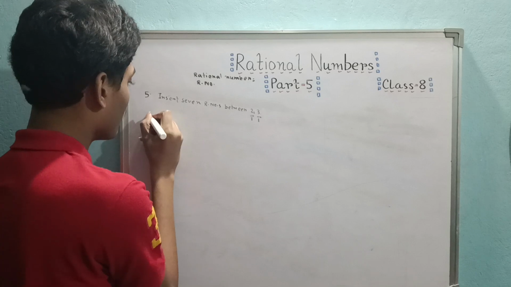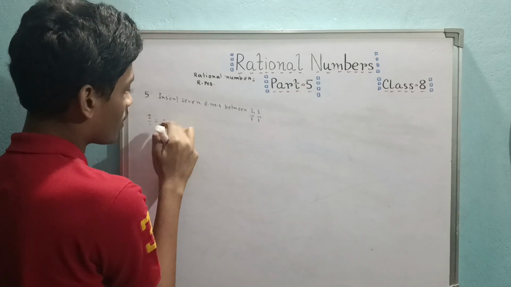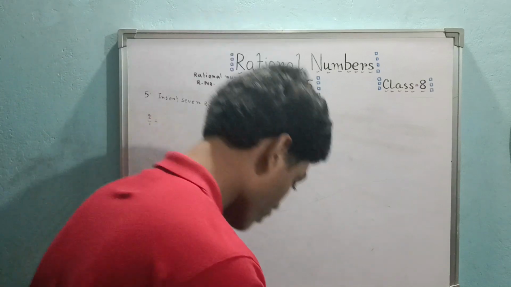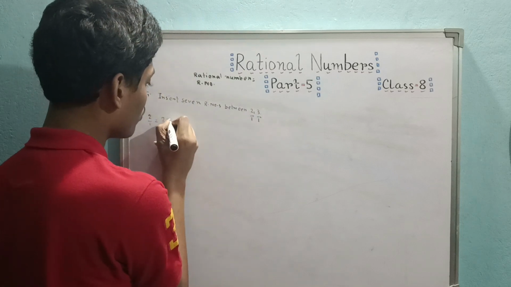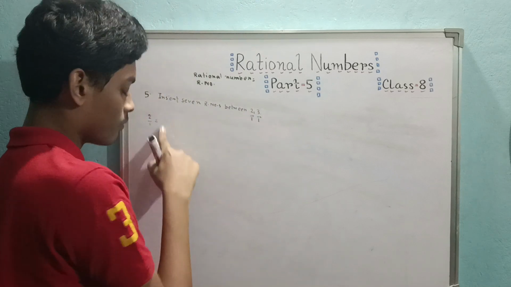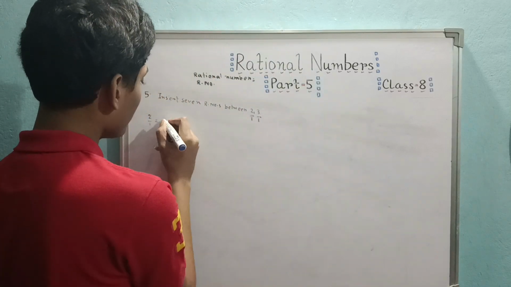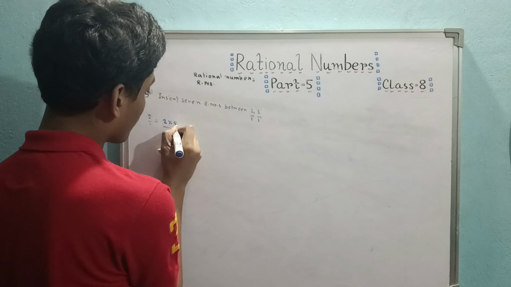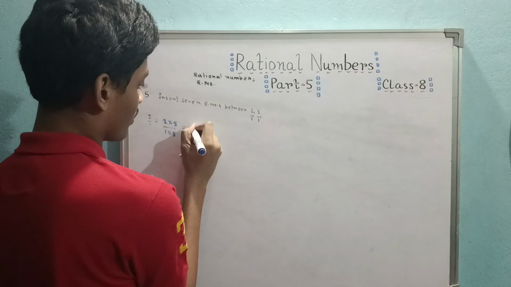Then what does it become? 2 by 1 is 2 into 8 by 1 into 8, one more than the required rational numbers to be inserted.